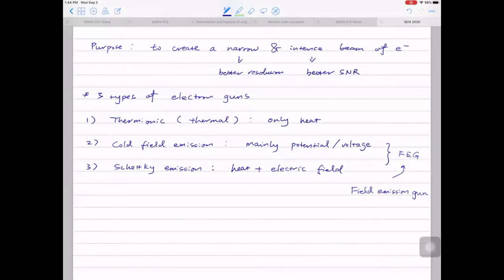Maybe the Phenom, the desktop SEM, is still equipped with a tungsten filament. But in the user facilities, like the instruments at MIC, MCF, and EGIFAB, if not 100% of the instruments are field emission guns, at least 95% are.